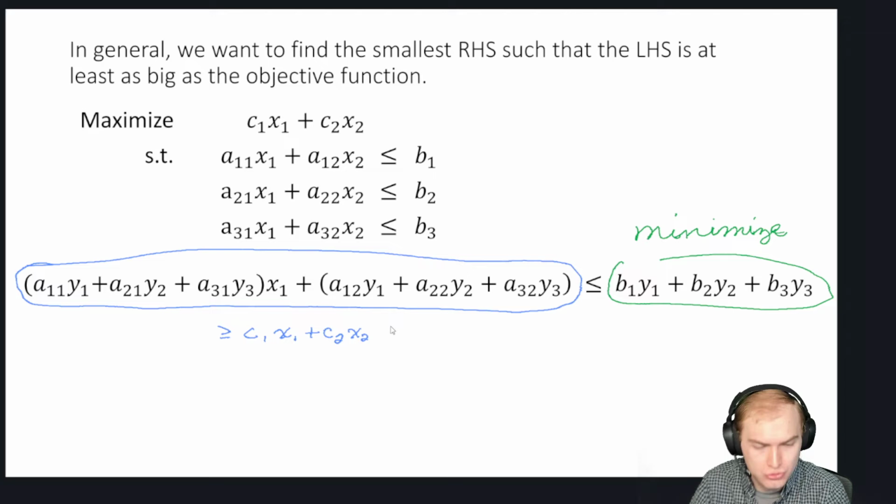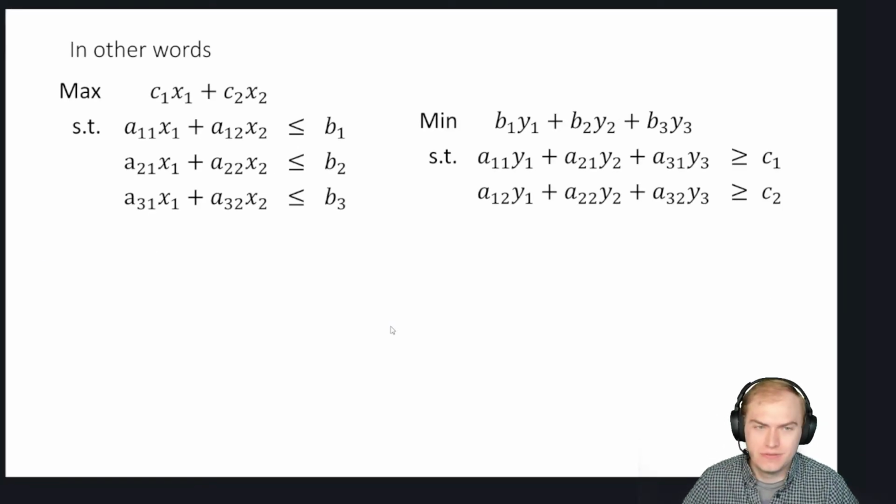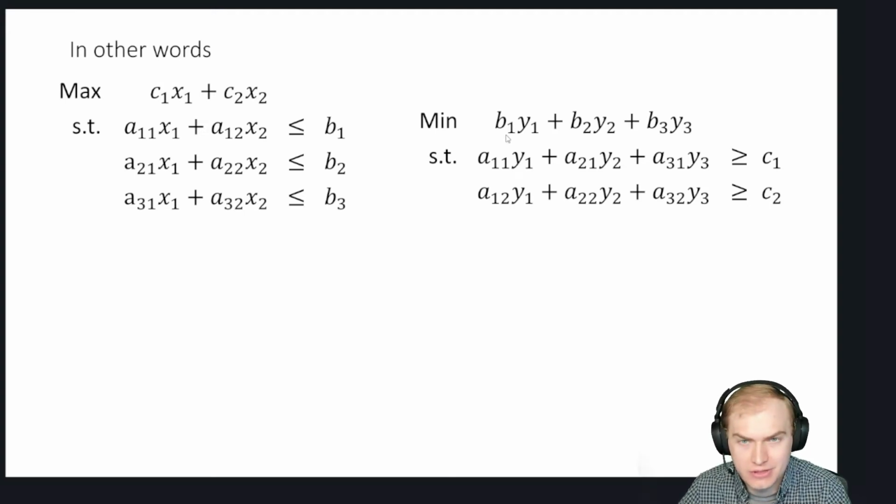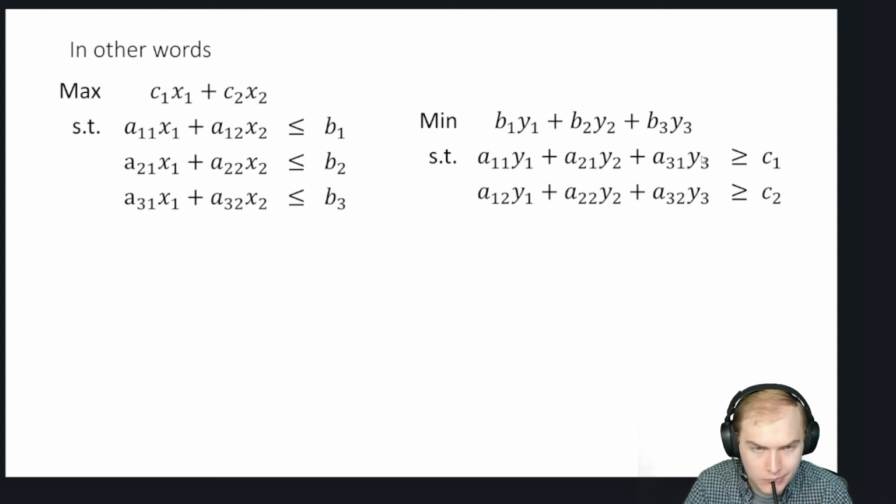So that's what we want to do, and that gives us this dual. There's our objective function, and the terms from the linear combination.